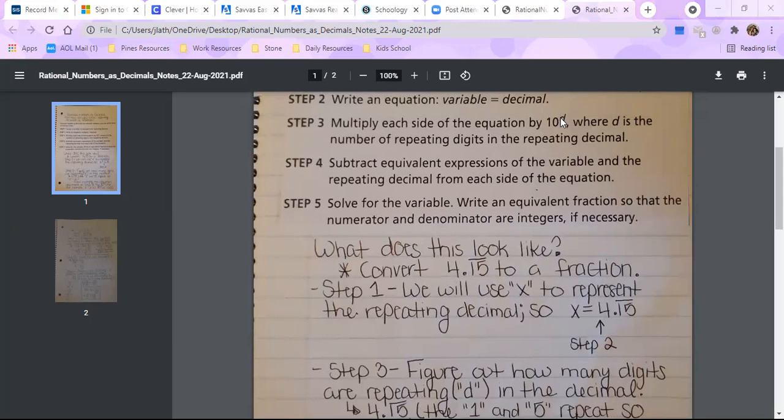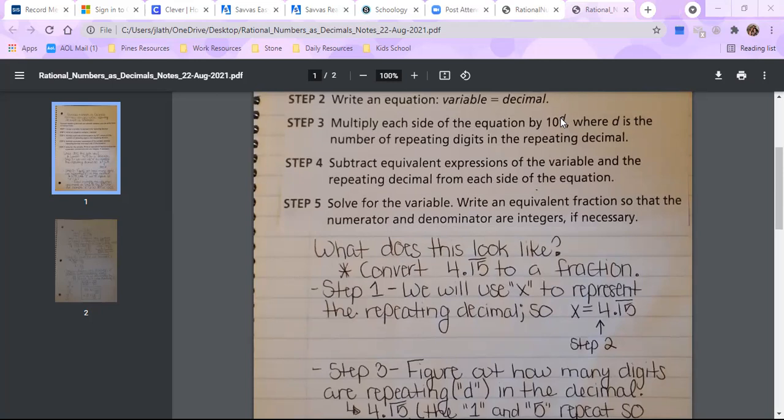For example, when we have 4.15, 15 is repeating over and over. That's 2 digits. So we're going to be using 10 to the second power. Now, a little note: this number tells you how many zeros. So guess what 10 to the second power is? 100. Guess what 10 to the third power is?